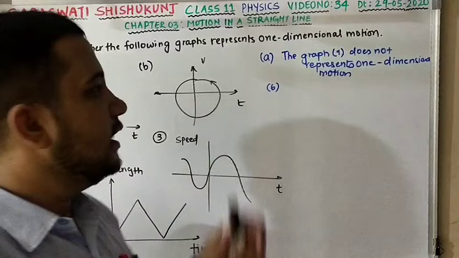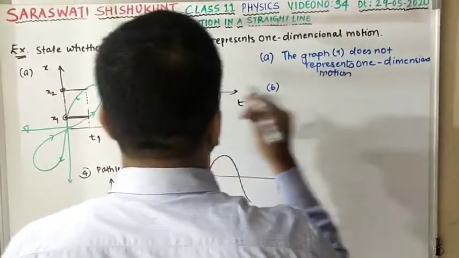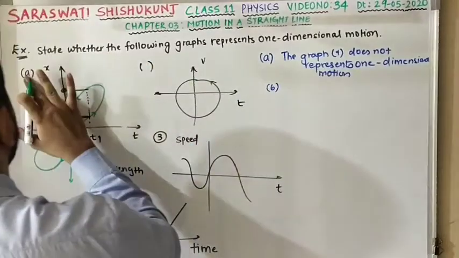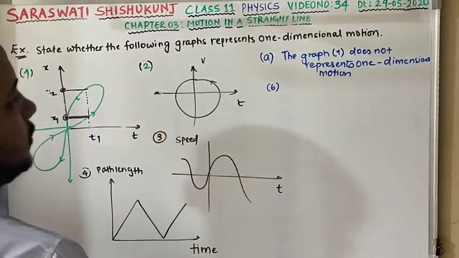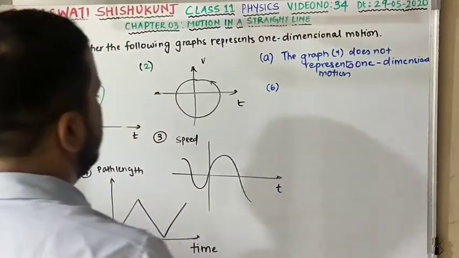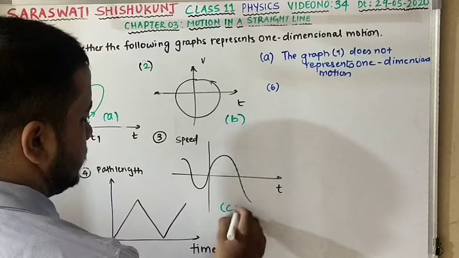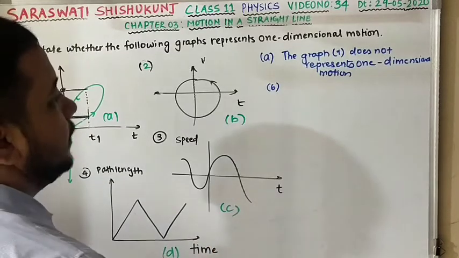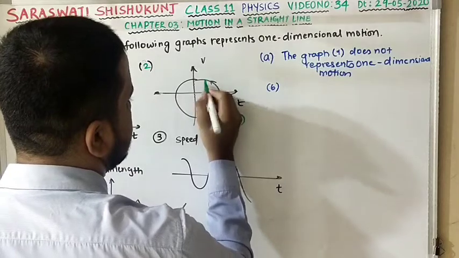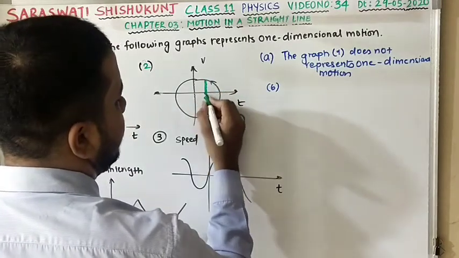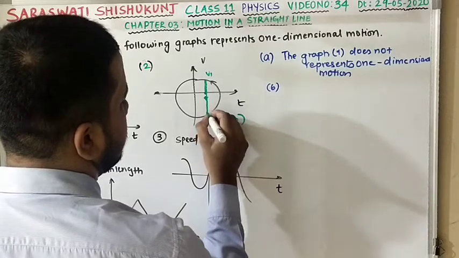In the graph B, let us name the points 1, 2, 3, 4 only. So this is your 1, this is your 2, this is your 3, and this is your 4. For B, if I take one time instant, suppose this time t, you will notice that there is V1 and V2 also.